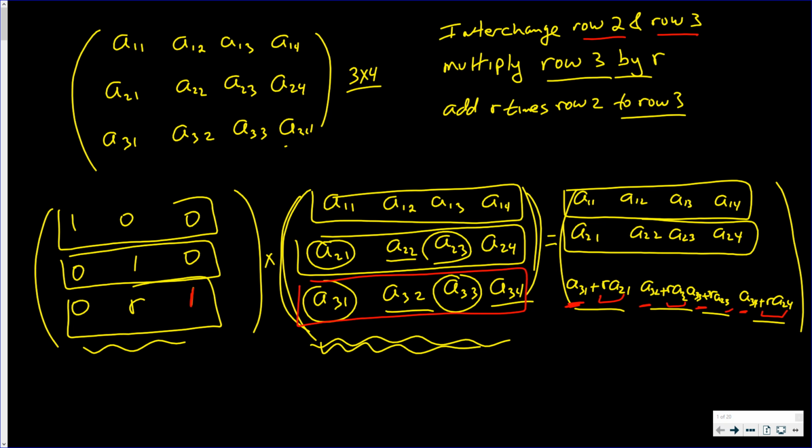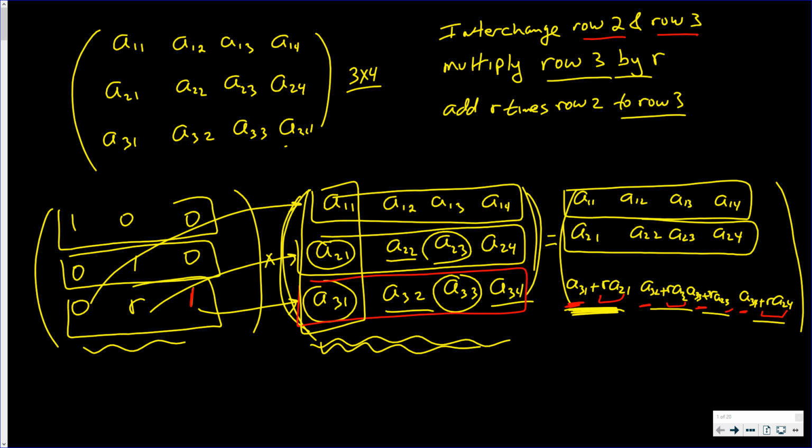If you look at column 1, 0 times A11 is 0. Then I get R times A21 plus 1 times A31, which is exactly this. And then when it comes to column 2, I get 0 times A12, which is 0.